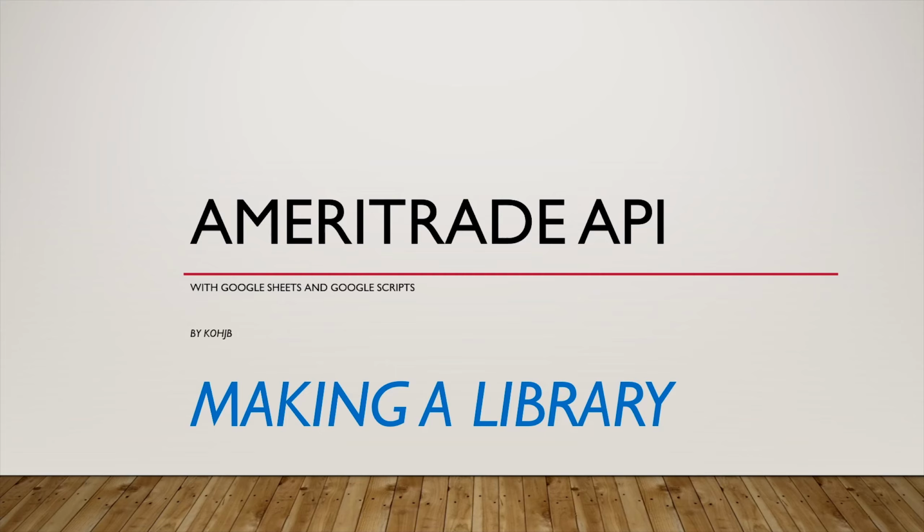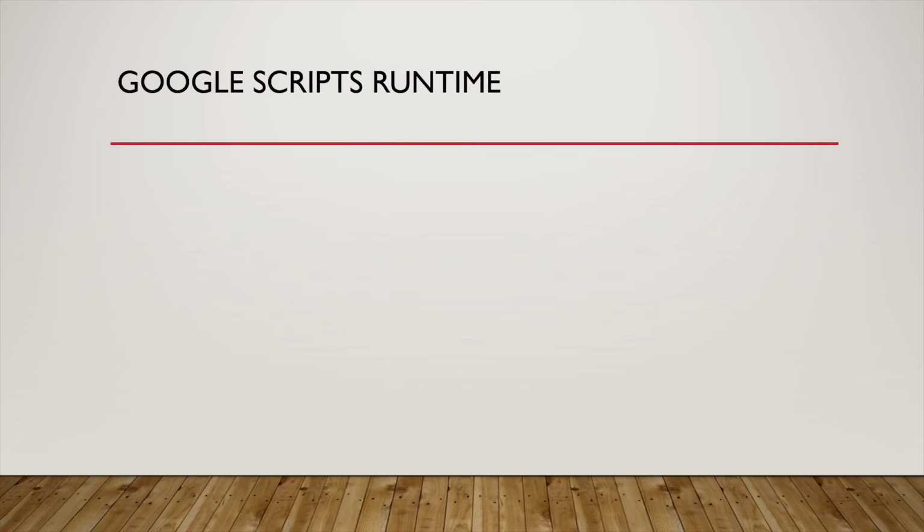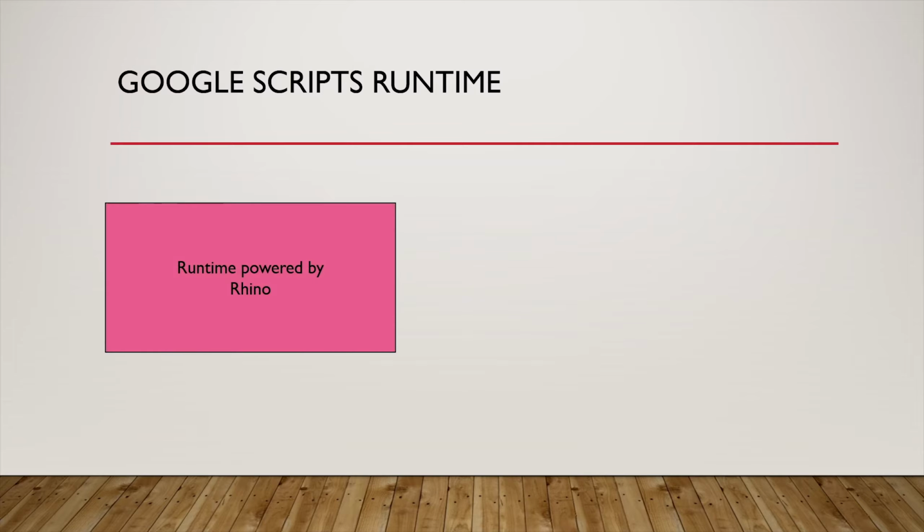Now, before we get started, for some of those who were following along and had trouble, I did realize that the runtime by Google Scripts does play a significant part as to whether the script runs successfully or not. The previous version of Google Scripts ran on Rhino, and the latest one, Chrome V8.